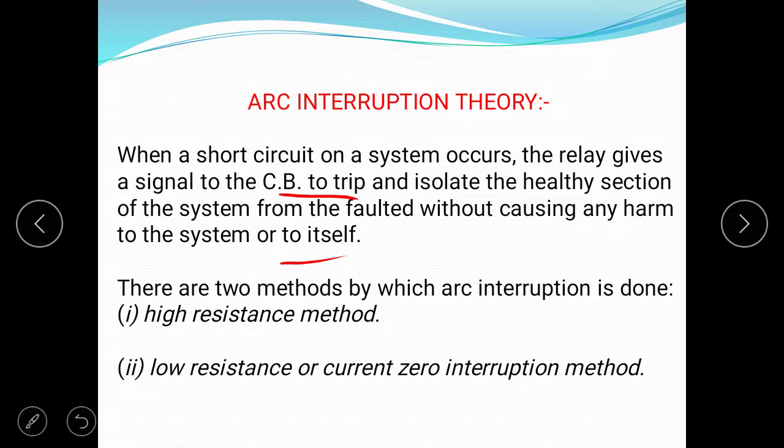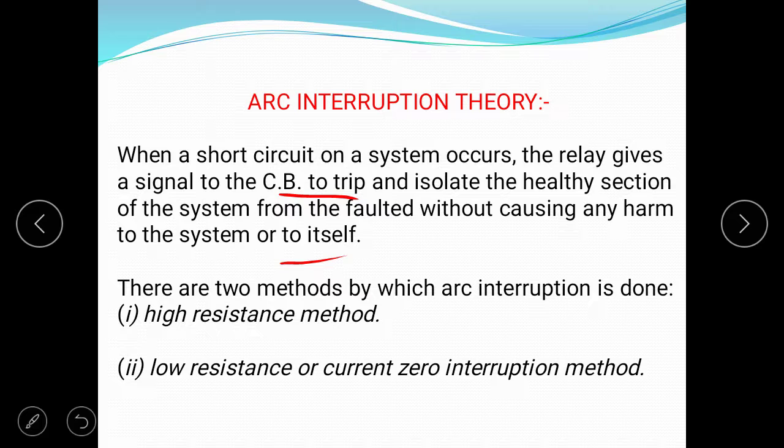Means a circuit breaker isolates the healthy part of the system from the faulty part without causing any harm to the system and itself also. Means there should not be any harm in the system, or we can say that a circuit breaker should operate as fast as possible so that during fault or abnormal condition there may not be any damage in the system or itself also.